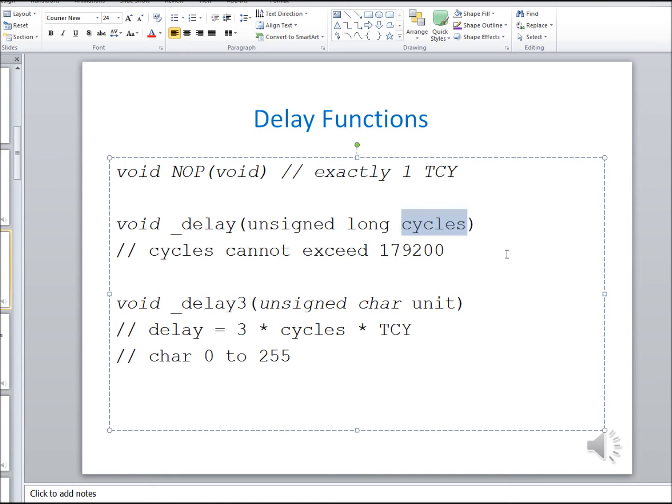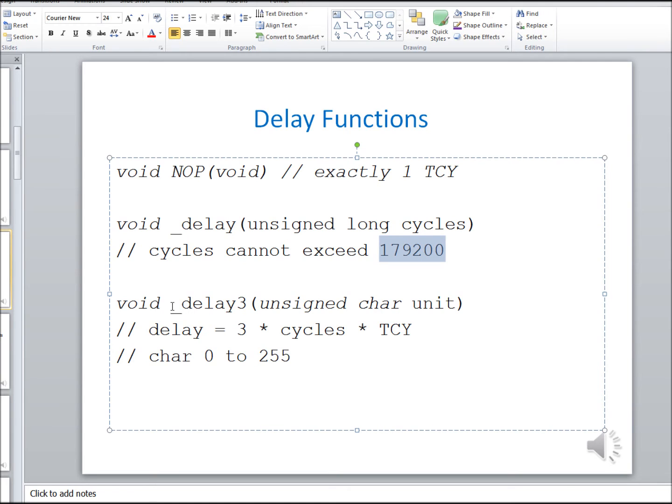They can go up to about 4 billion, right? But for us, cycles cannot exceed this number. If you put in 200,000, you'll get an error message when it tries to compile. So this is a number you need to remember: 179200. That's the maximum number that can be inside a function call here.